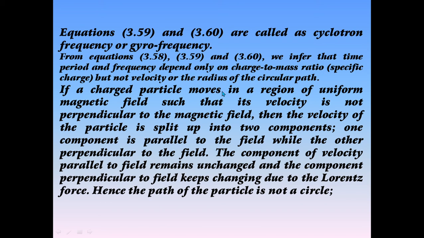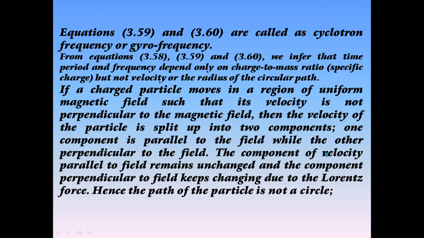What happens if a charged particle moves in a region of uniform magnetic field such that its velocity is not perpendicular to the magnetic field? Then the velocity of the particle is split into two components: one parallel to the field, the other perpendicular to the field.